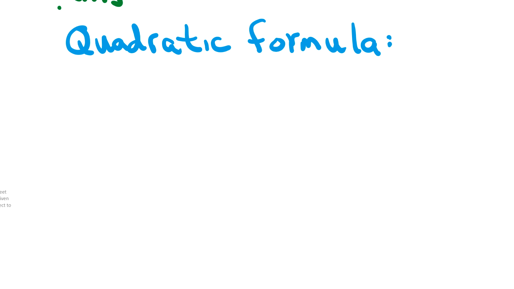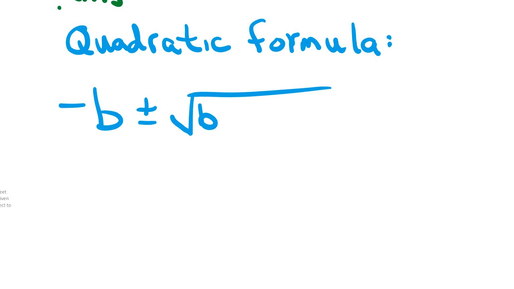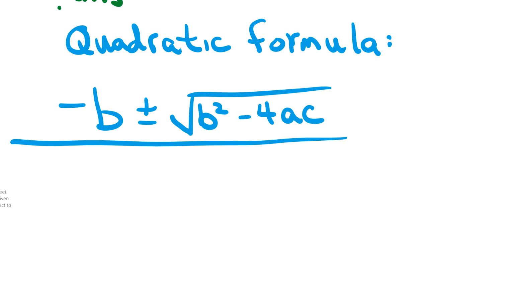All right, so what's the quadratic formula? It is negative b plus or minus the square root of b squared minus 4 times a times c, all divided by 2a. And here's our ABCs again that we talked about.